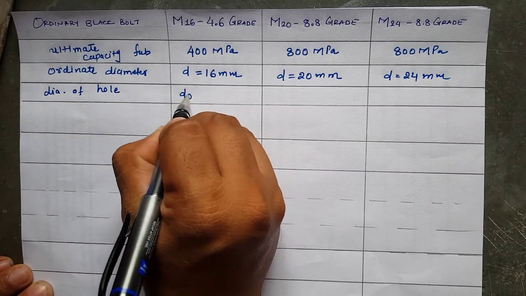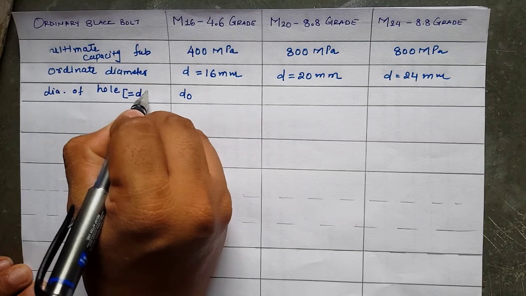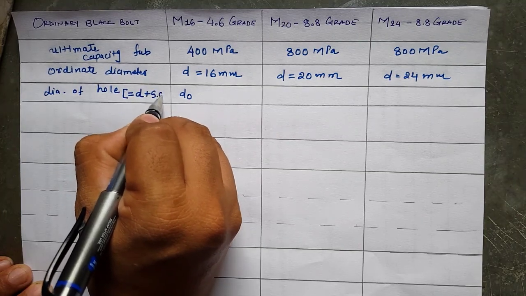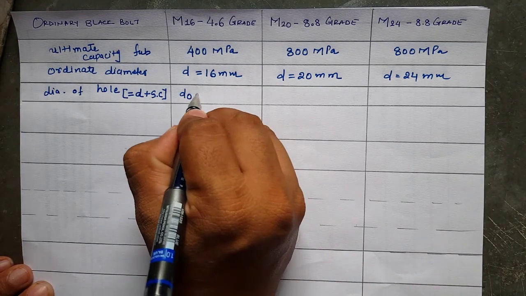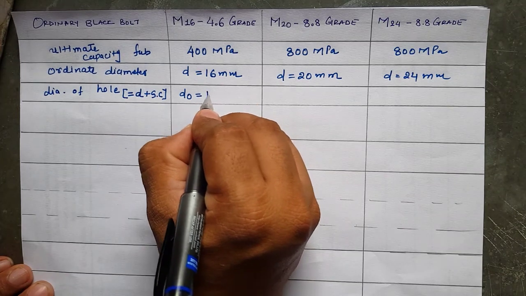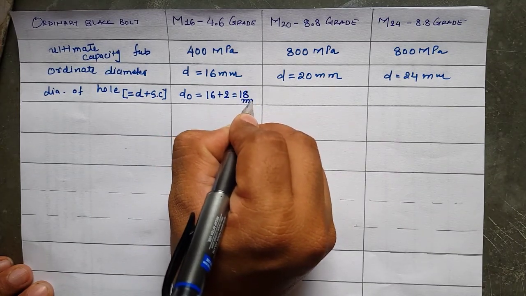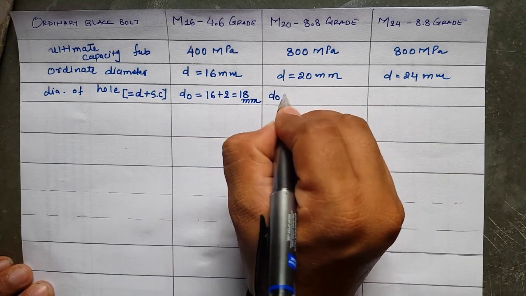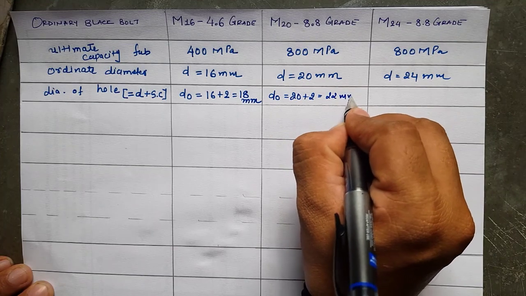Now D0 is nothing but equal to nominal diameter plus standard clearance. We know that standard clearance for 16 mm, 20 mm and 24 mm bolts is 2 mm each. So 16 plus 2 is equal to 18 mm. For 20 mm bolt, 20 plus 2 is equal to 22 mm.